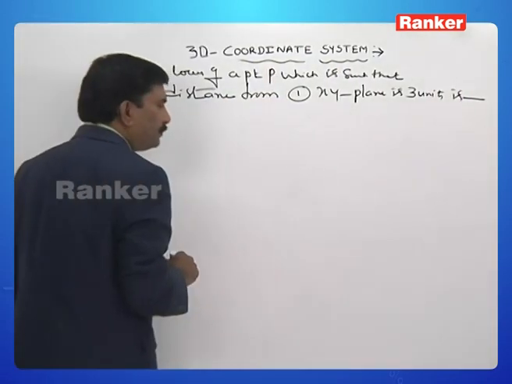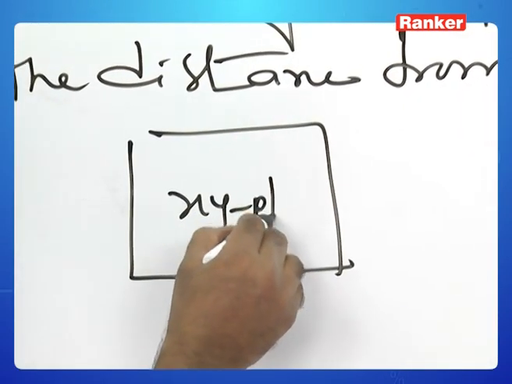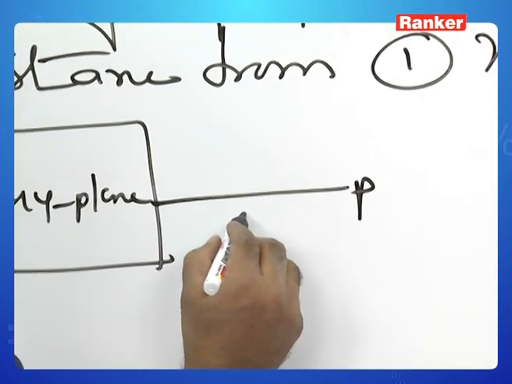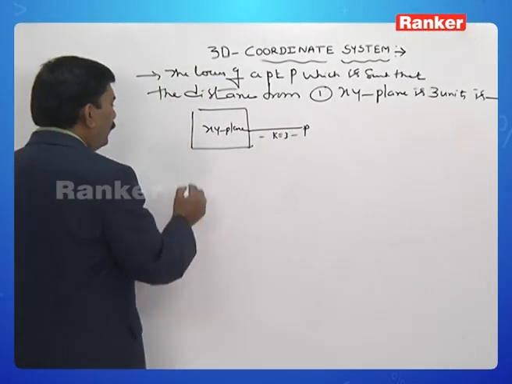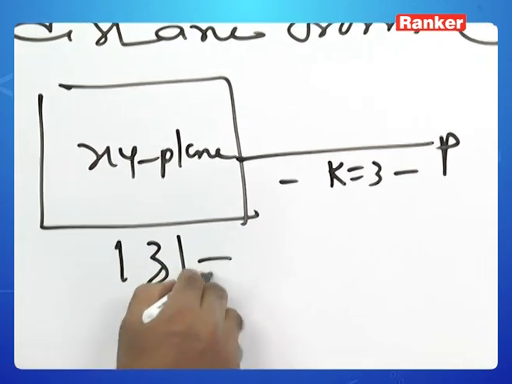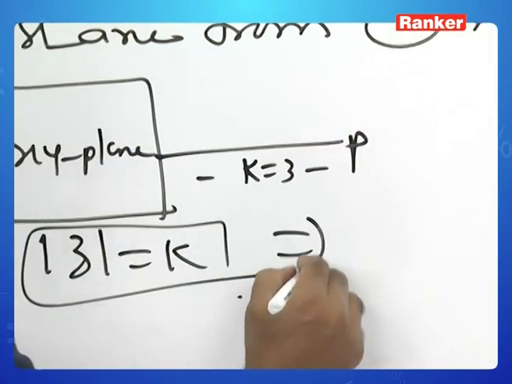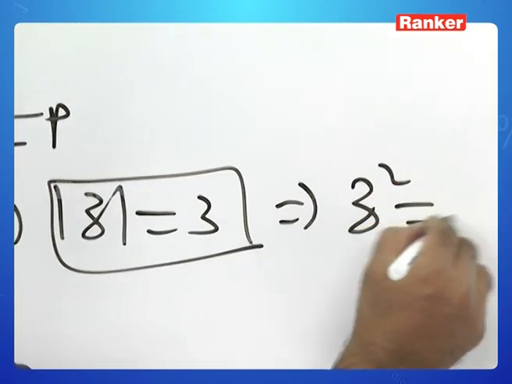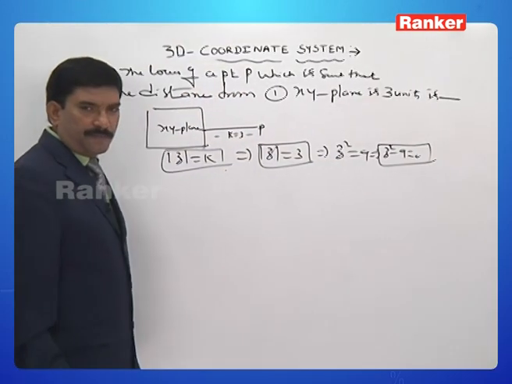Now if I take this as the xy plane, the point P is at a distance, this is P. The distance from here is k, equal to 3 units. We know that the distance from the point P to the xy plane is mod z is equal to k. What is k? 3 units. Therefore mod z is equal to 3, which implies z square is equal to 9. So therefore z square minus 9 is equal to 0 is the required locus.